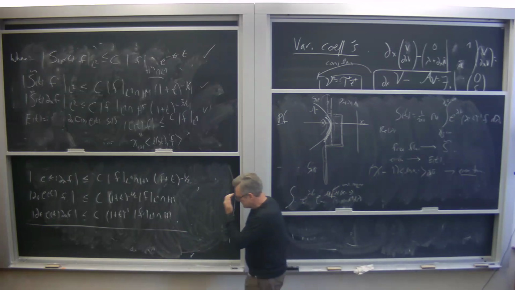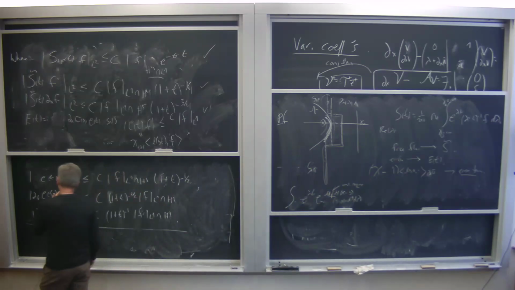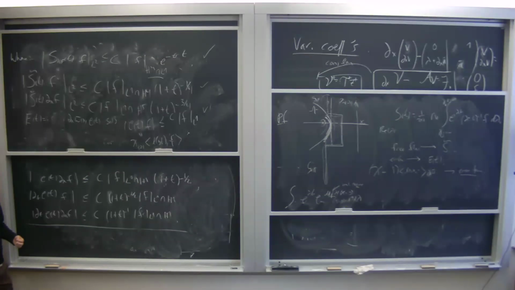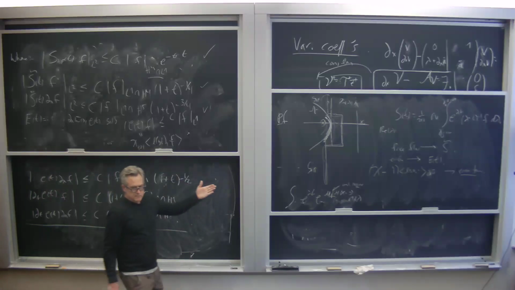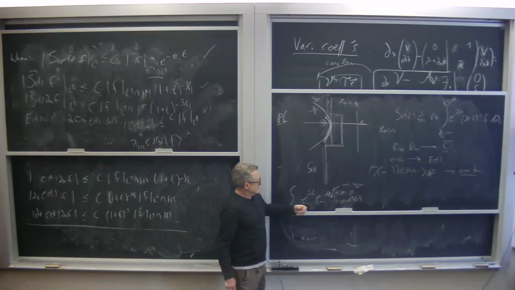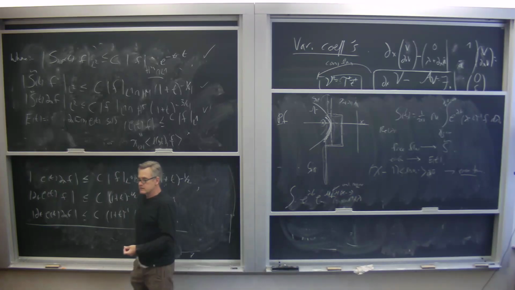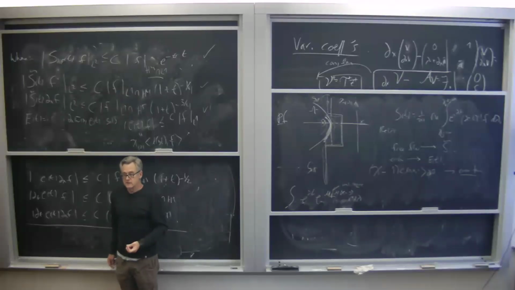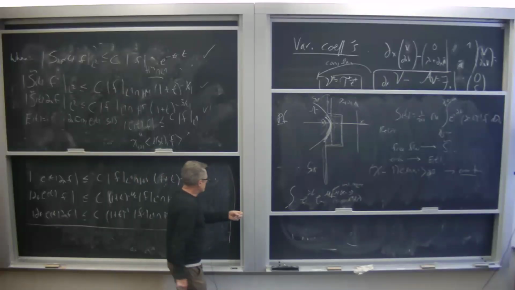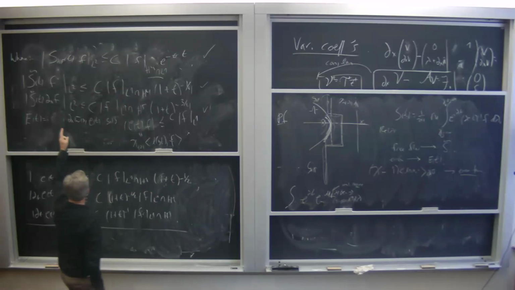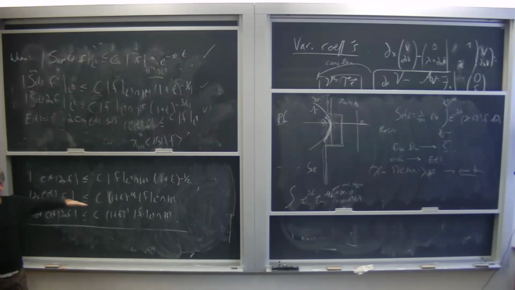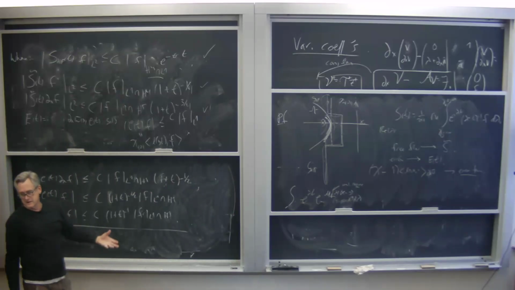And likewise, there are some terms that came from this principal pole term that gave me this error function. Remember, there was also a Taylor expansion there, so there were some errors there too. Those kinds of error terms, I'll stick in S tilde. So S tilde is not only the free flow, it's everything that decays like the free flow.